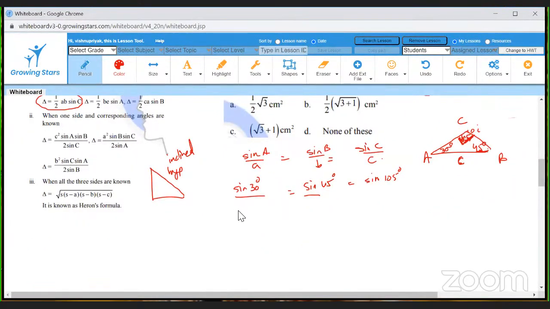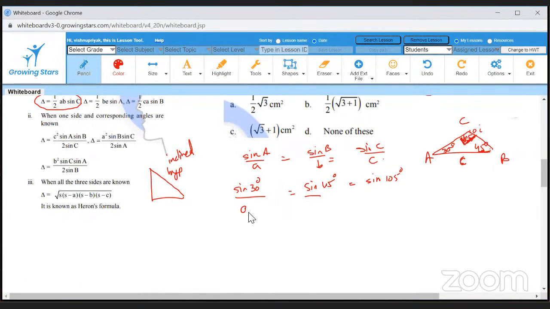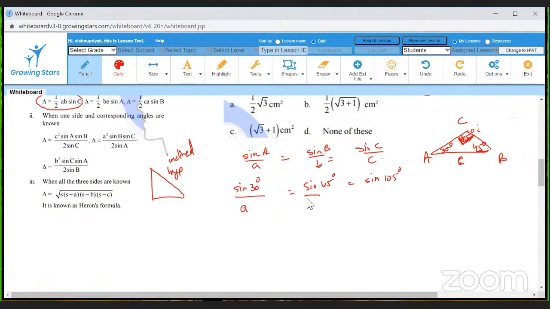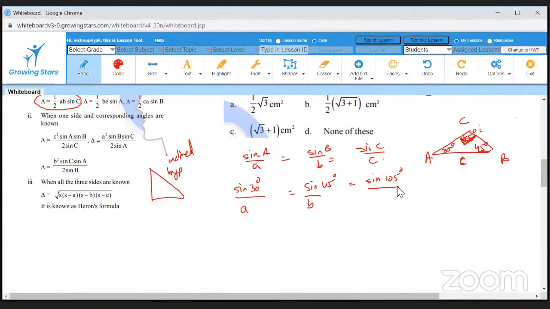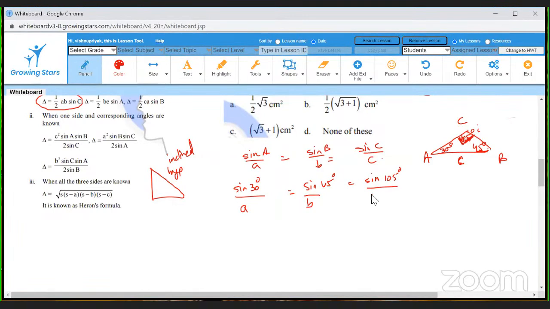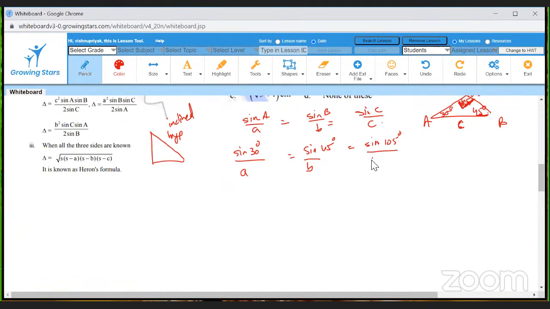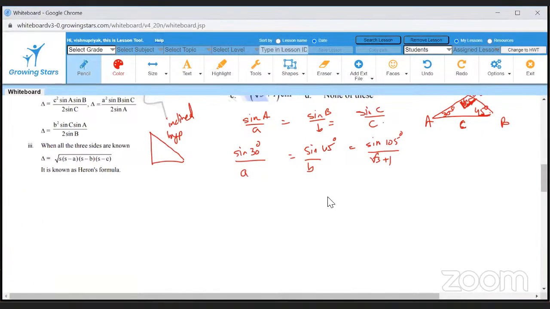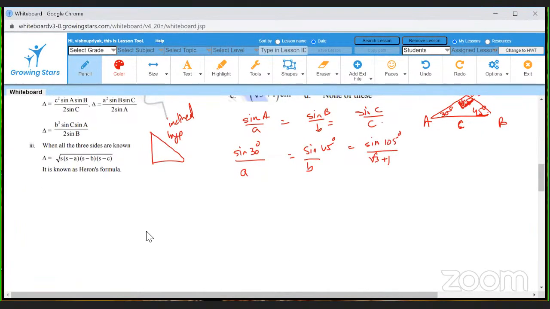So write sine 30, you don't know A. Sine 45, you don't know B. But for sine 105, you know C, the inclined side. It is given as root 3 plus 1.